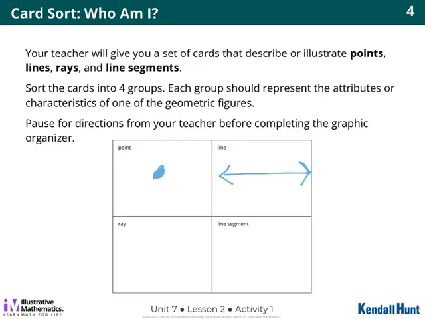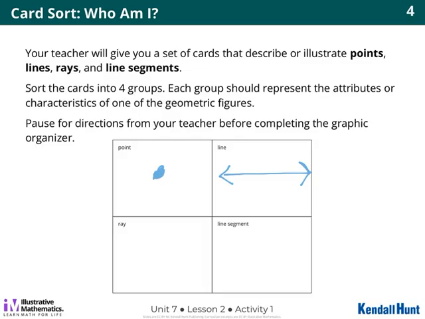Okay, ray. I am a line that is bounded by 1 point but goes on in the other direction. My length can't be measured. I have a start but no end. Because that arrow means it goes forever, right? Okay.